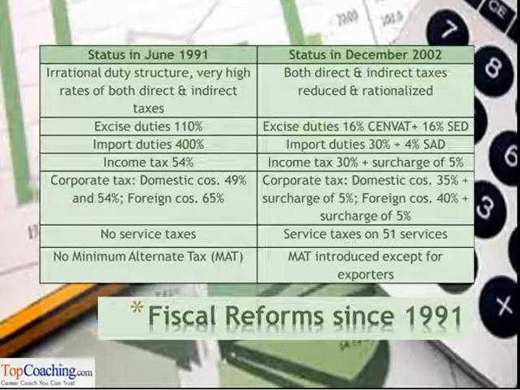In June 1991, there were no service taxes, whereas in December 2002, the tax base was widened by introducing service taxes on 51 services. Also, in June 1991, there was no minimum alternate tax, written as MAT in brief, whereas in December 2002, minimum alternate tax was introduced except for the exporters.